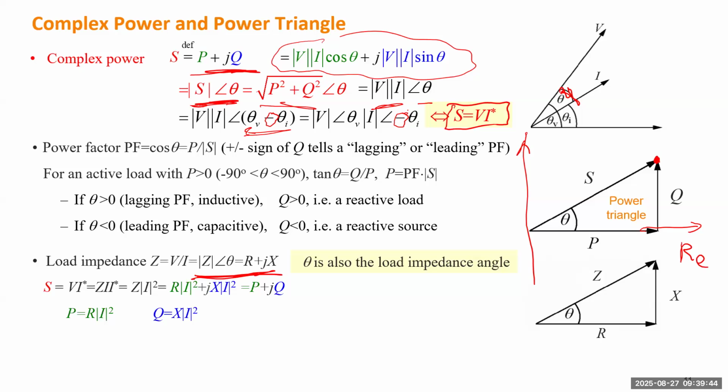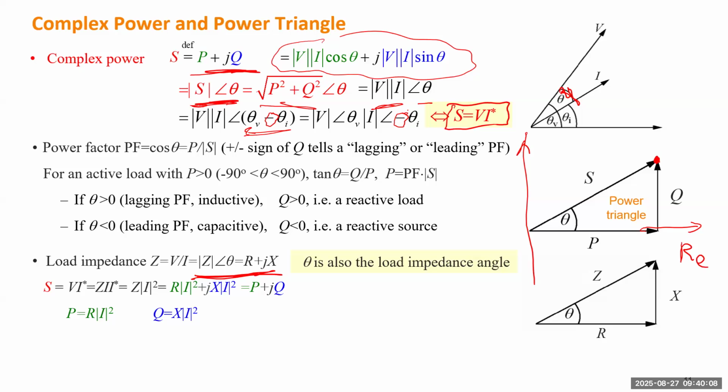So we can summarize the formulas we have. We start from the definition of complex power. If we replace the voltage by the product of impedance and current, we have this one. And I, a complex number, multiplied by its conjugate, will be the absolute value squared. Z will have a real part and an imaginary part, so there will be two items.